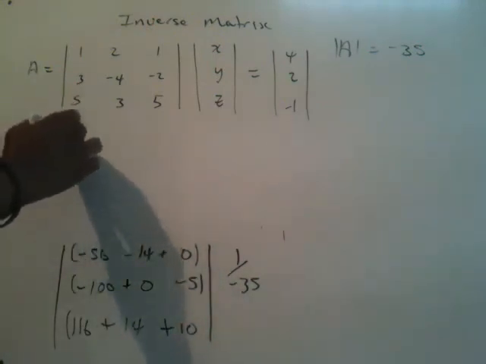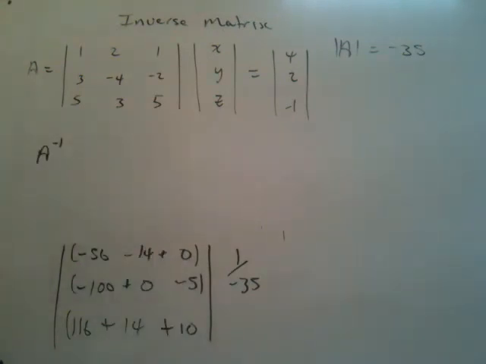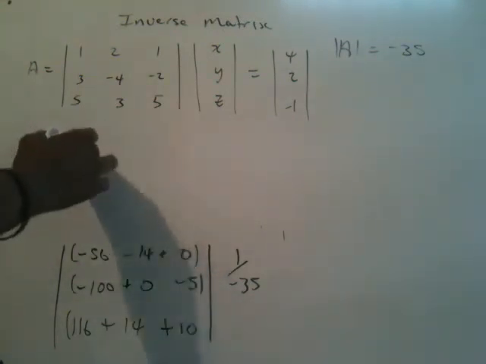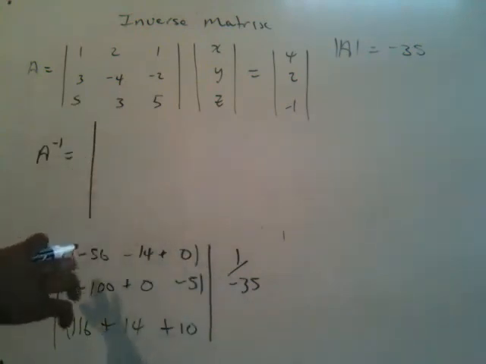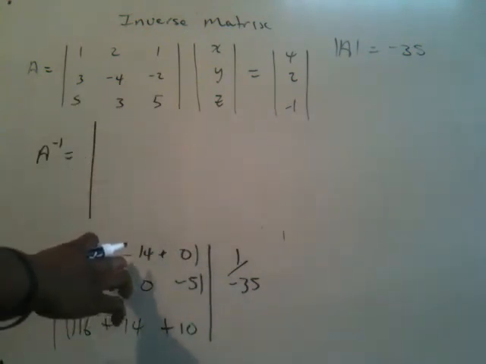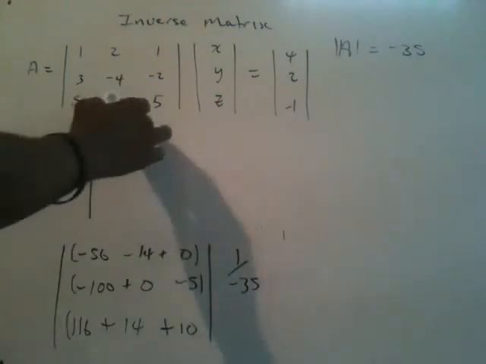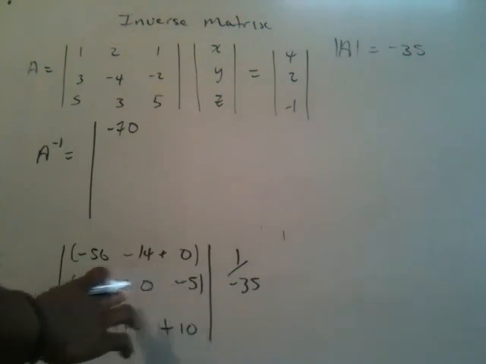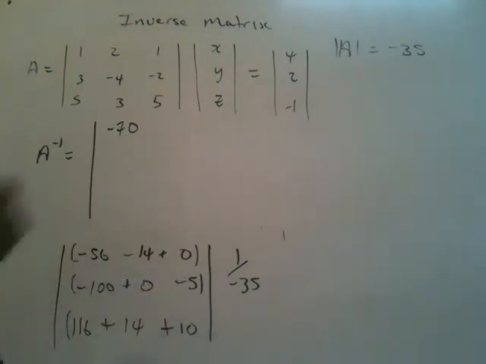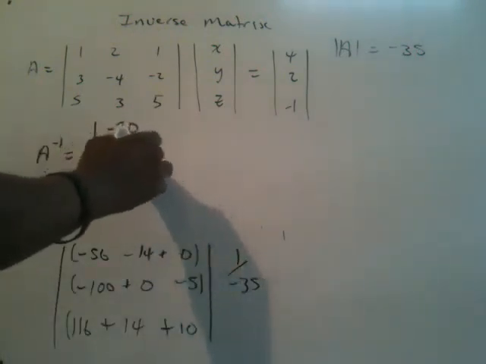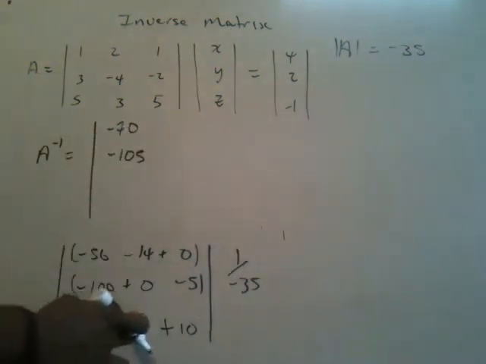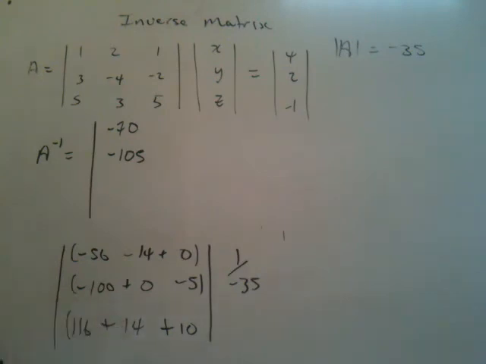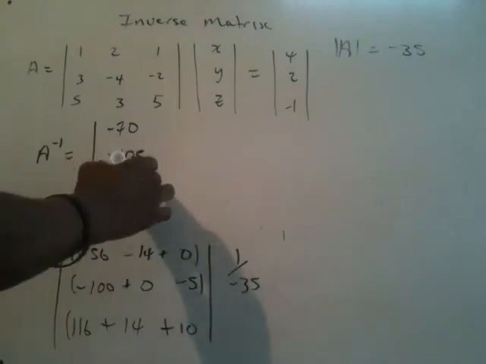So A inverse is equal to, open bracket, -56 plus -14, this gives us -70. And -100 plus -5 leaves us with -105. And 116 plus 14 gives 130, plus 10, 140.